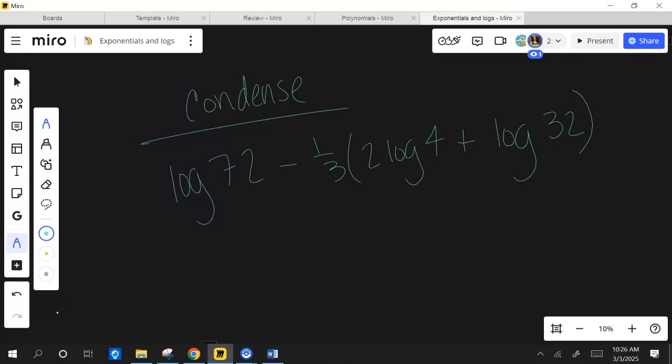Mark, set, go. Condense this down to just 1 log. There are 3 logs right now. I only want you to write it with 1 log. To condense, yes, that's the end goal. Did y'all hear the question? Is that always the end goal? If you are condensing, yes, that is always the end goal, to get it down to one log.